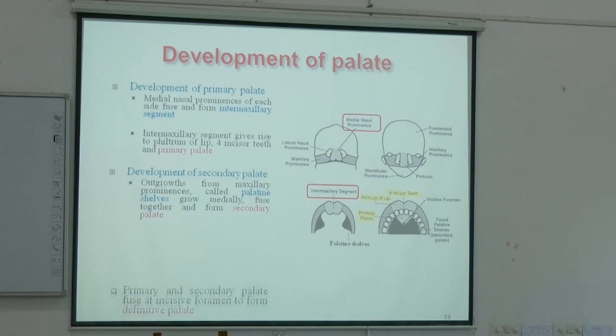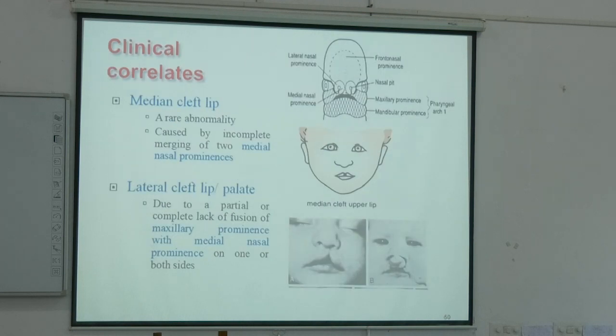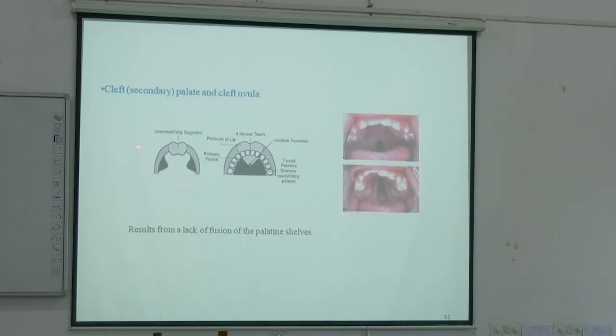Now, if we have an error in this fusion, we call it a cleft palate, primary or secondary, complete or partial. If it is all throughout, as in the picture you are seeing, this is a complete cleft palate. All throughout, even the soft palate and uvula are split. So it's a complete split, even the uvula which is hanging down is split on the right side and left side.